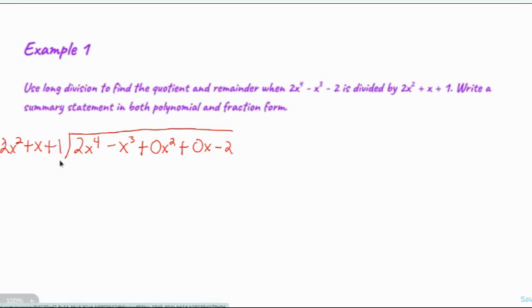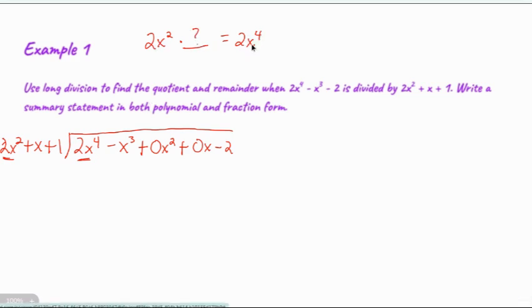And so we're just going to look at the lead terms first. So 2x squared, 2x to the 4th. And I have to think to myself, this is kind of like a fill in the blank problem. 2x squared times what gives me 2x to the 4th? Well, normally, if we're solving this like a normal equation, we divide.